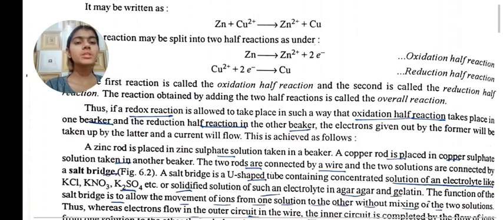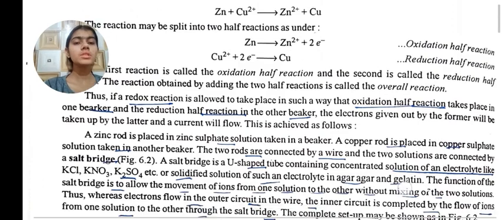A salt bridge is a U-shaped tube containing a concentrated solution of an electrolyte like potassium chloride, potassium nitrate and potassium sulfate etc., or a solidified solution of such an electrolyte in agar-agar and gelatin. The function of the salt bridge is to allow the movement of ions from one solution to the other without mixing of the two solutions.